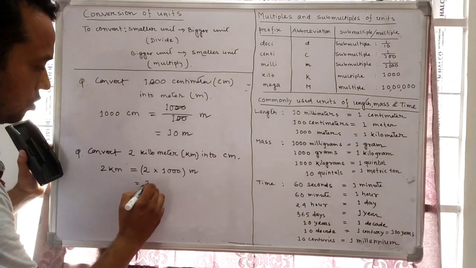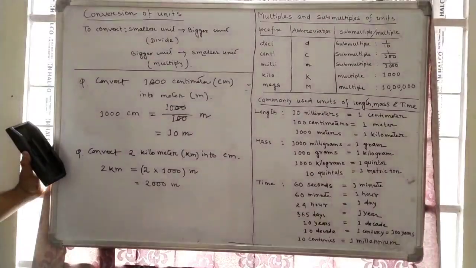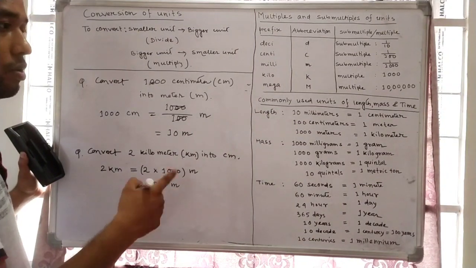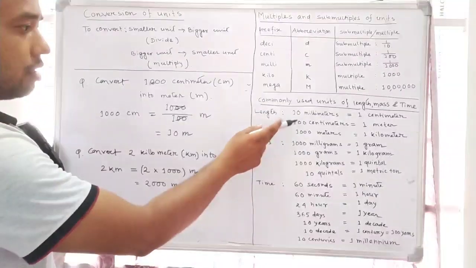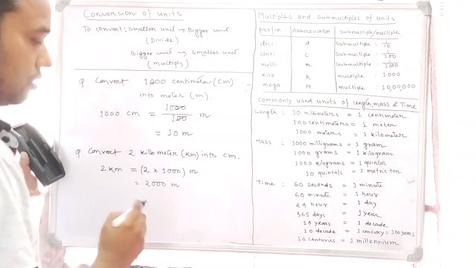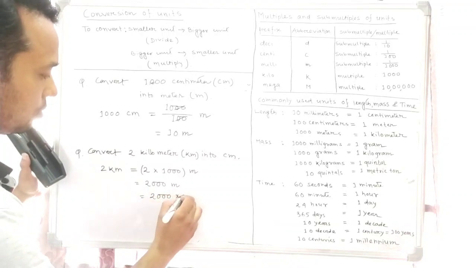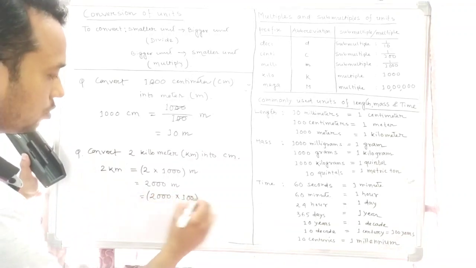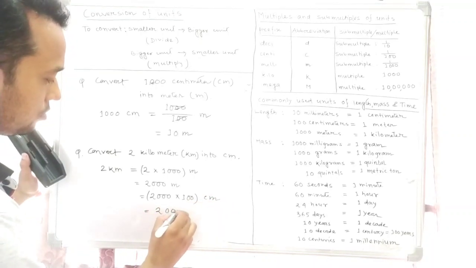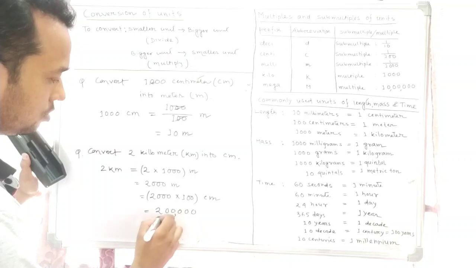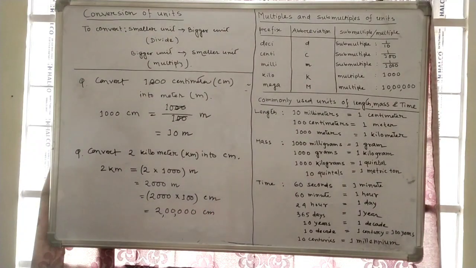So it will be 2000 meter. Then this meter will convert into centimeter. Okay, 100 centimeter equals 1 meter. So again this 2000 will be multiplied by 100, then it will convert into centimeter. So 2 lakh centimeter will be the answer.